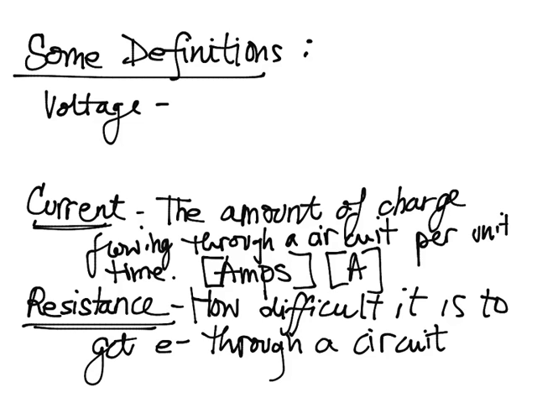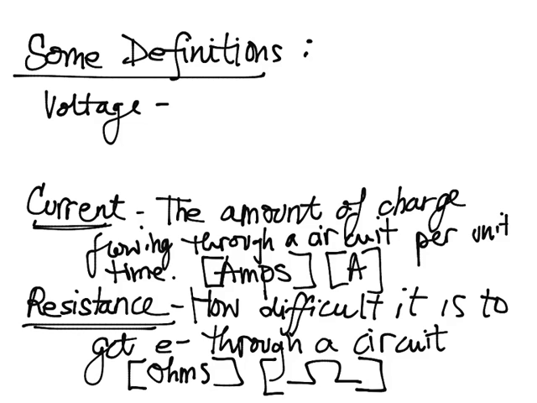Okay, and this is measured in this weird unit. It's called ohms. Okay, but the symbol for ohms is not O, it's the Greek letter omega. So it looks kind of like a horseshoe.